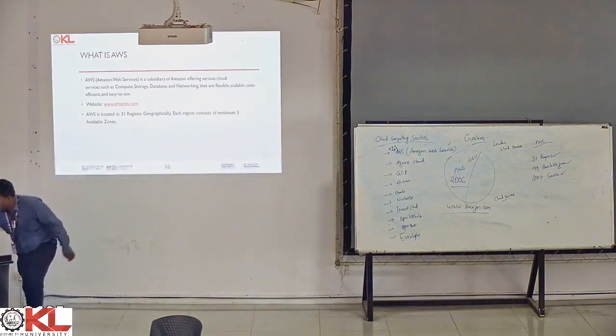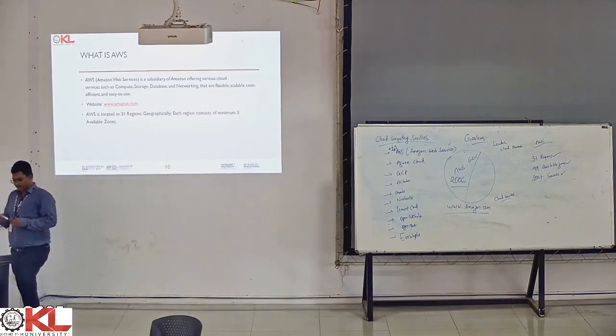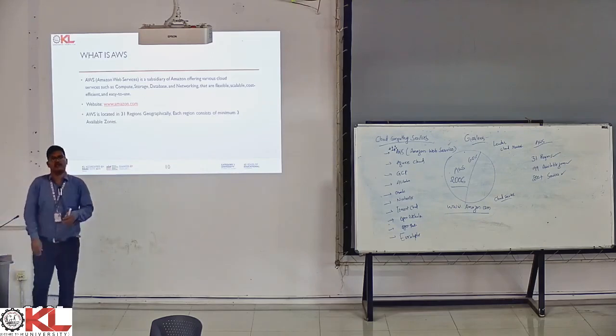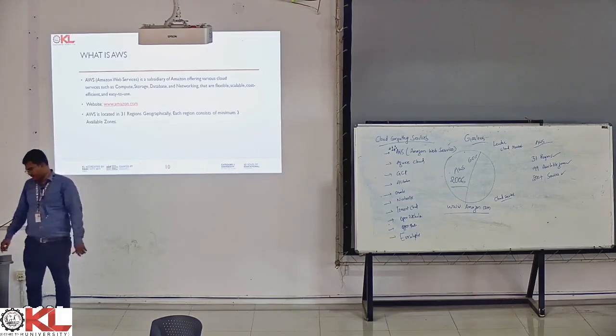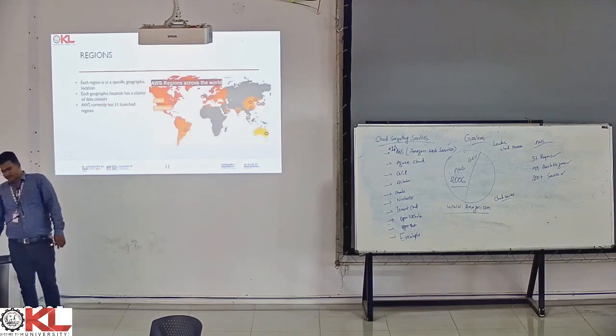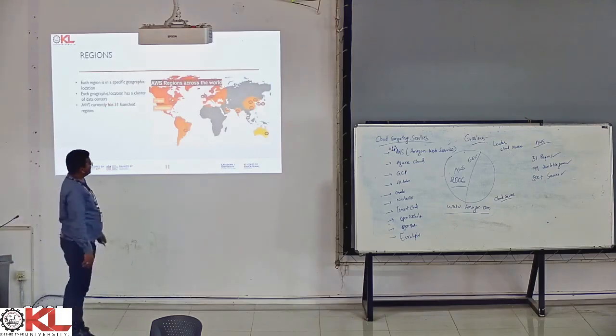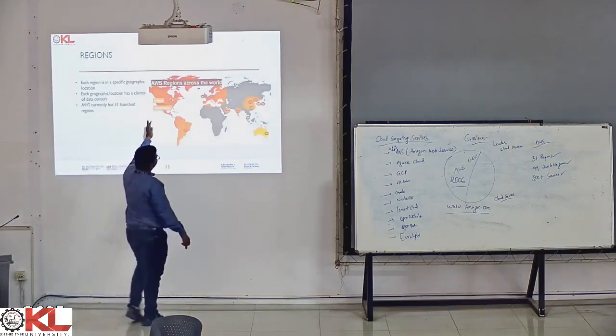Now we are looking at what we are doing. We are looking at what is meant by a region and what is meant by an availability zone, and how the communication is established among them. Thereafter we will look into one of the services offered by Amazon Web Services. So this is how the region looks. You see, this is the world map.